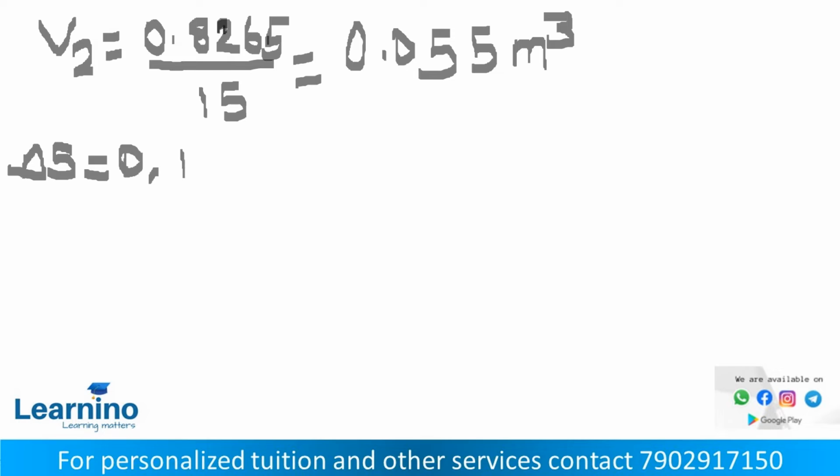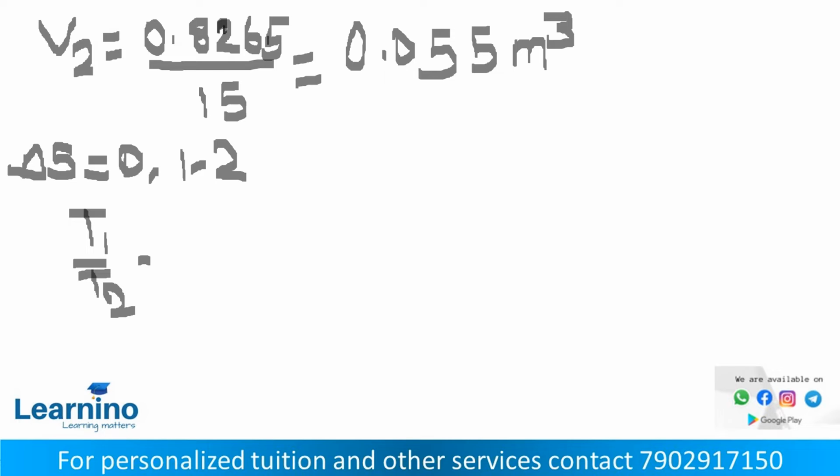Adiabatic process 1 to 2. So T1 divided by T2 is equal to T1 divided by T2. One second.